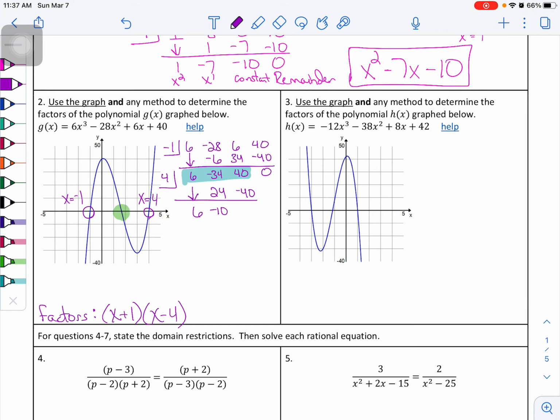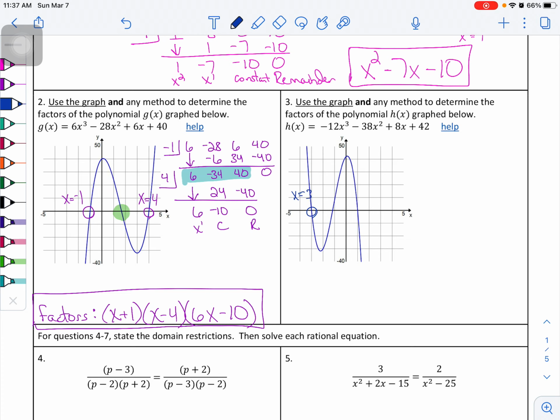That's going to be, what, 4 times 6 is 24. -34 plus 24 is -10. 4 times -10 is going to be -40 with a remainder of 0. So remainder, constant, x to the first. So my other factor here is going to be 6x minus 10. So there's all 3 of my factors.